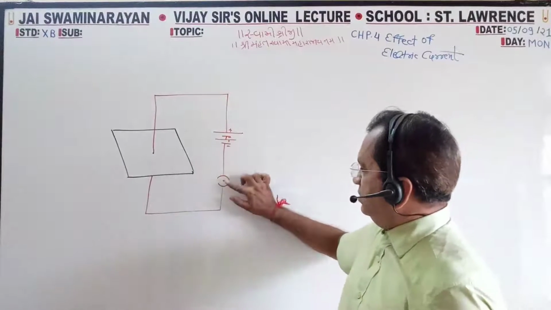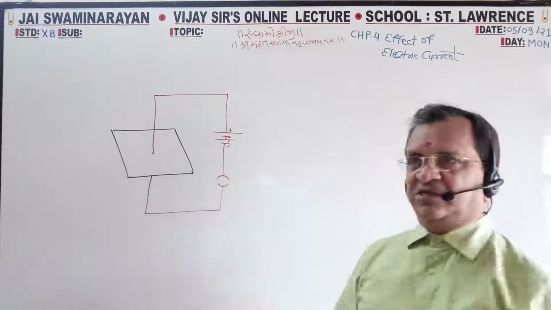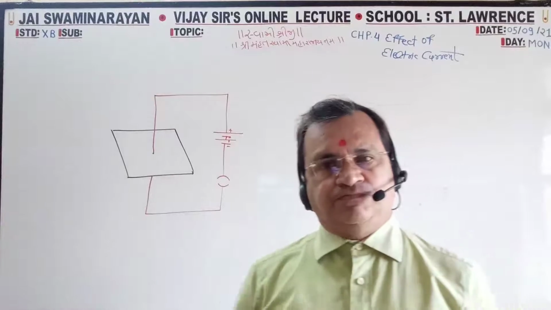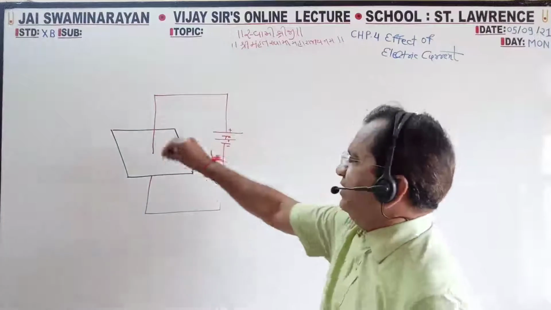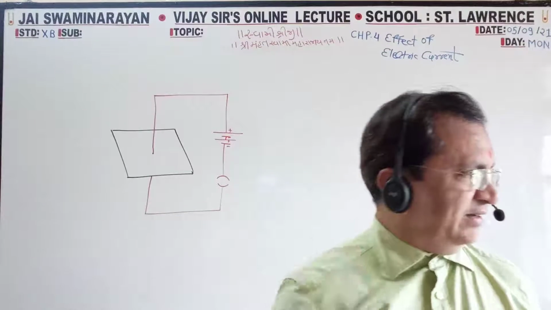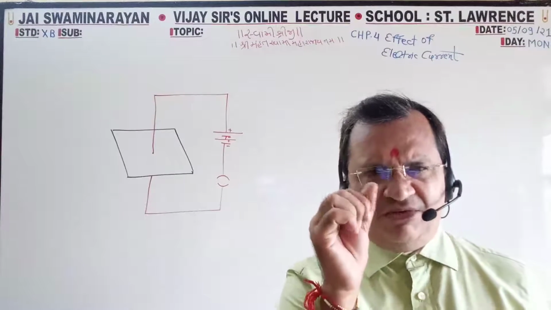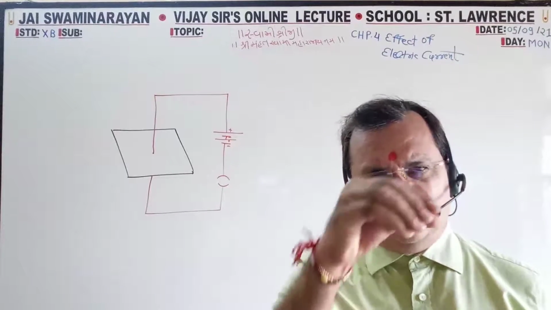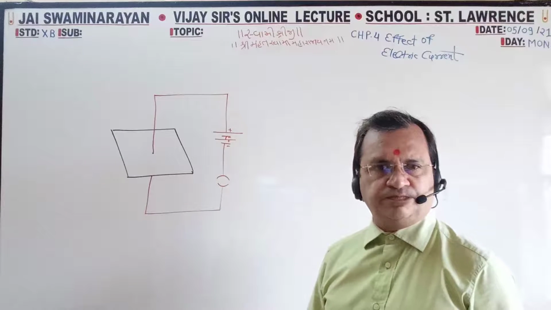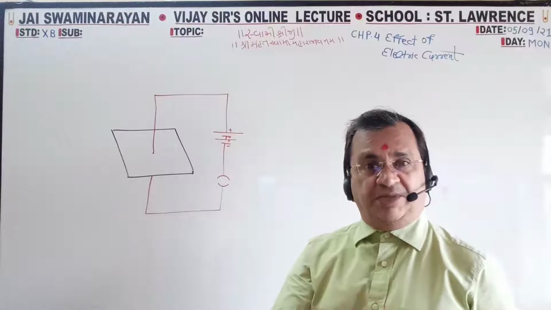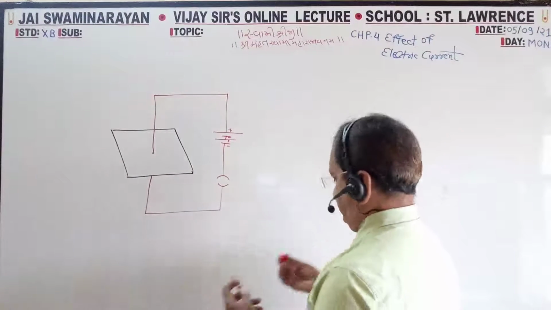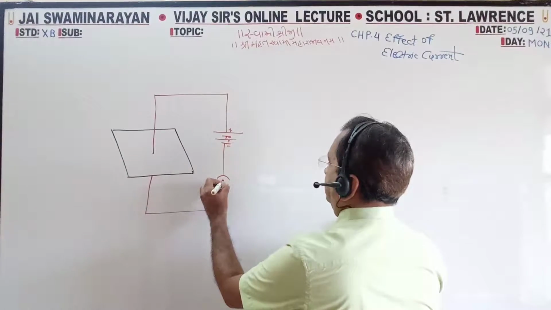Now, first make the switch off. And spread fine iron dust particles on the cardboard in a zigzag way. It is not in a particular pattern or design. Then start the electric current.